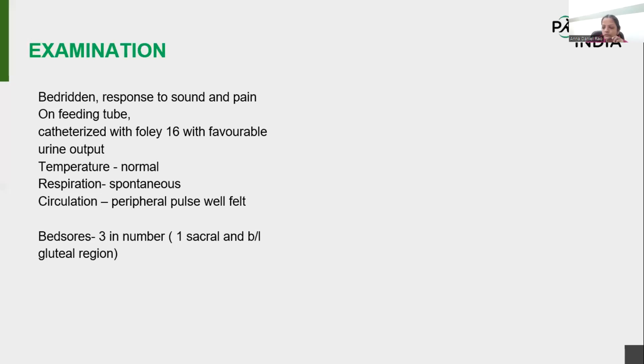Okay. Now the other thing is regarding the nasogastric tube feeding. Right? Patient is on nasogastric tube feeding. So what to do? When patient is on NG tube, what we need to remember?